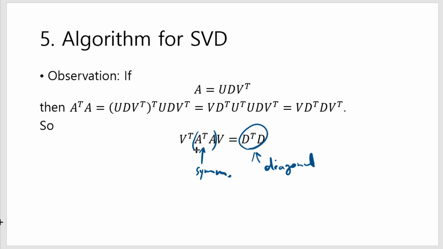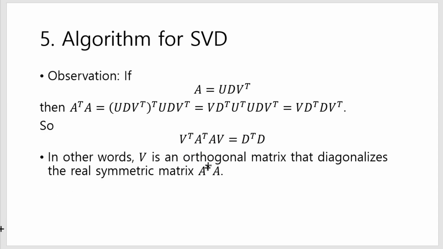So what that tells us is it reveals the identity of V. V is the orthogonal matrix that diagonalizes the real symmetric matrix A^T A, and I already explained how to find that orthogonal matrix. You just take all the eigenvectors of this and normalize them and put them like v1, v2, until vn, with normalized versions.